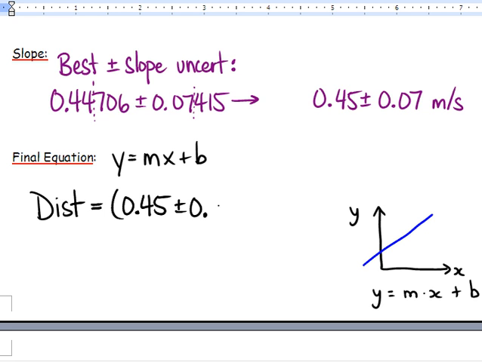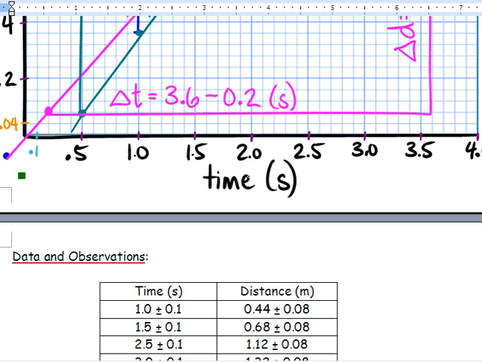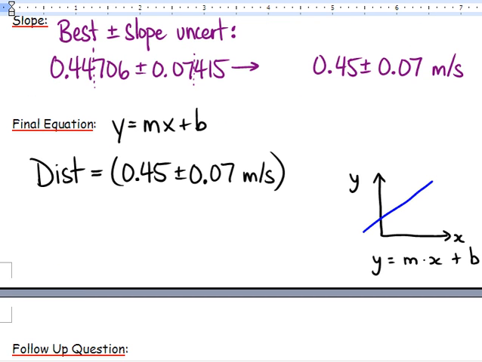So best slope plus or minus the slope uncertainty with your units. So there's the big old slope. And then we don't really want to put an x in there because we don't have an x-axis. We gave it a different name. We called it the time axis. So that's multiplied by time.